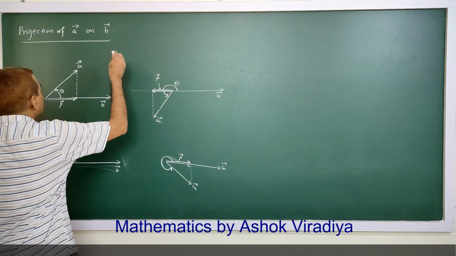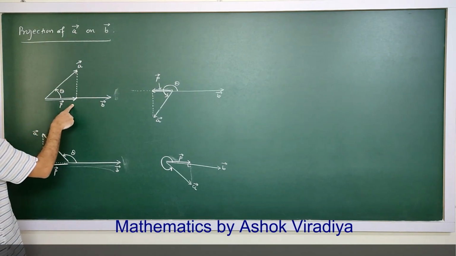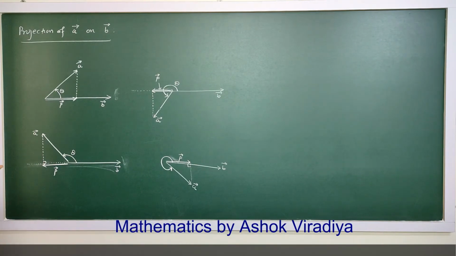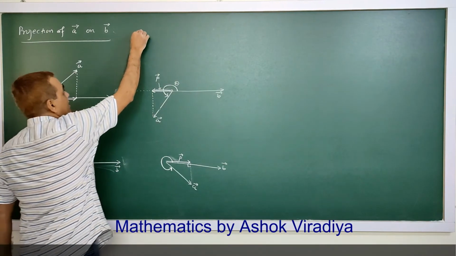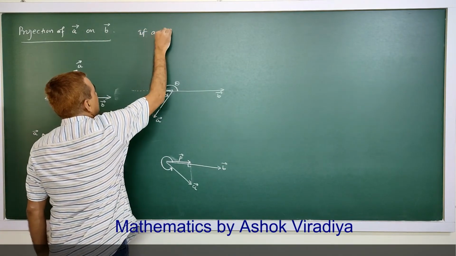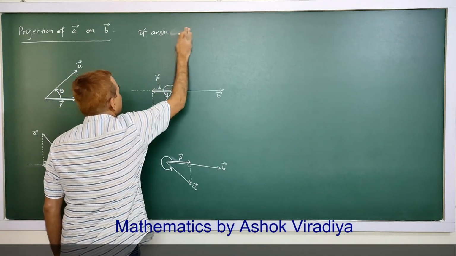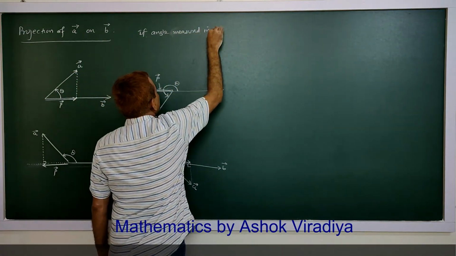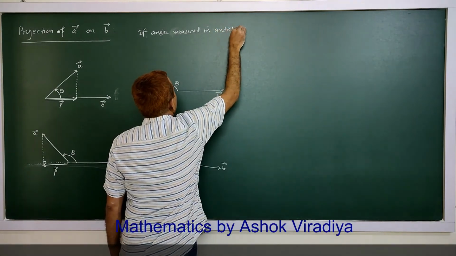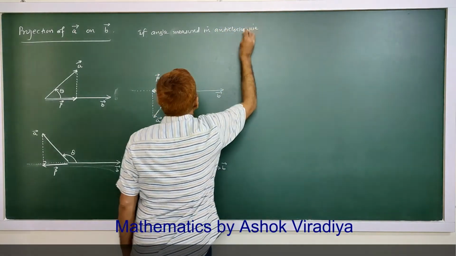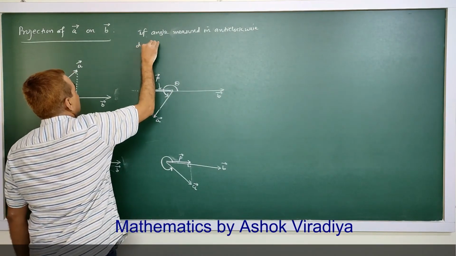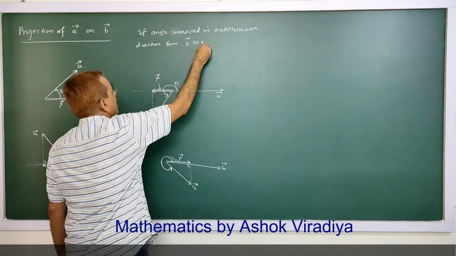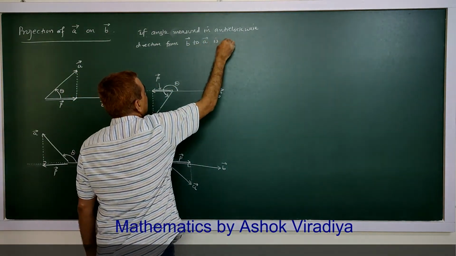So the angle between vector A and vector B, if measured in anti-clockwise direction from vector B to vector A, is theta.